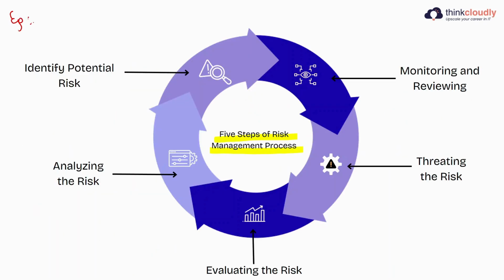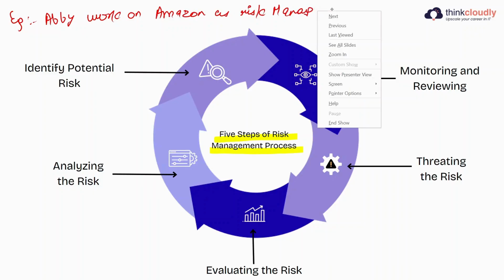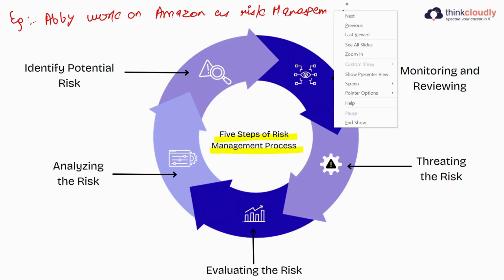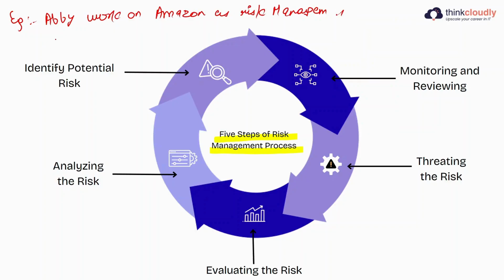Now let me take an example to explain this. Let's say Abby is working in Amazon as a risk management professional. Abby has been assigned a project: please identify the risks related to the laptops that we are providing to the employees. These are the 5 steps which Abby will have to follow.